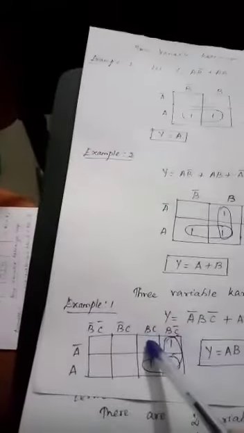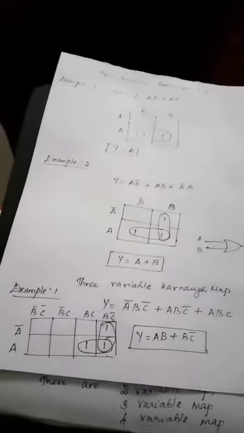Then the third one is a b c, for this a is here and b c is here, so we put 1. Now we have put the ones, and the remaining terms are 0, but we don't need to write that. So how do we find the answer in the graphical representation?